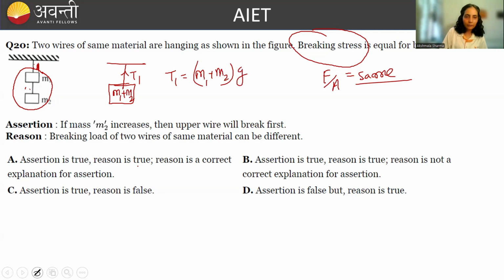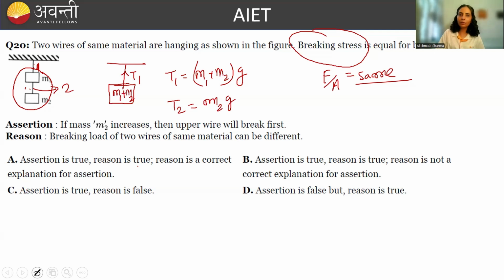For the second wire, how much mass is hanging from it? M2. Only M2 is pulling it downward, and for the first wire, both M1 and M2 are pulling it downward. That is why I've written it here like this. So in the second wire, tension will be equal to M2 g.